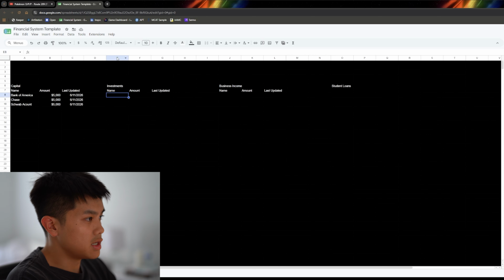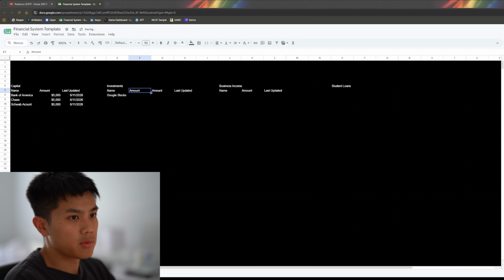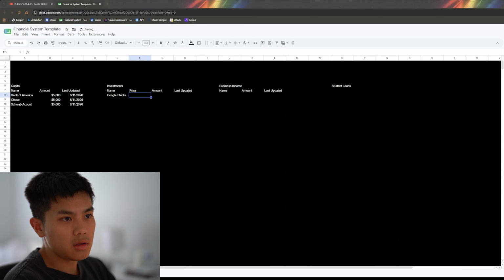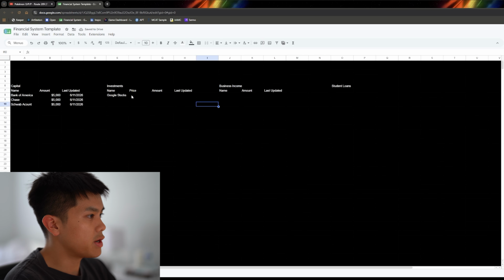In this case, for example, I have some stocks in Google, so I'll call them Google stocks. And there's a cool thing with Google Sheets where you can actually call the price of the stock you have. So if I have the price over here, I want to get the price of Google.